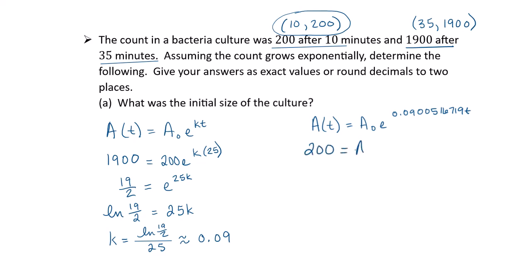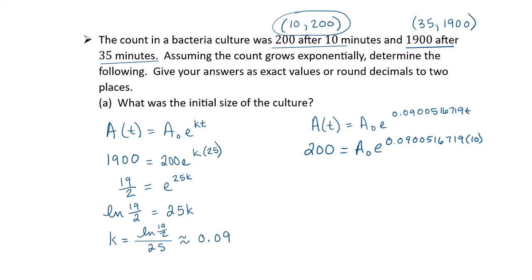So I can fill that in. 200 equals A sub 0 e to the 0.09005167119, and the t that is tied to that A of t is 10. So that 10 and that 200 comes from that data point that they gave above.